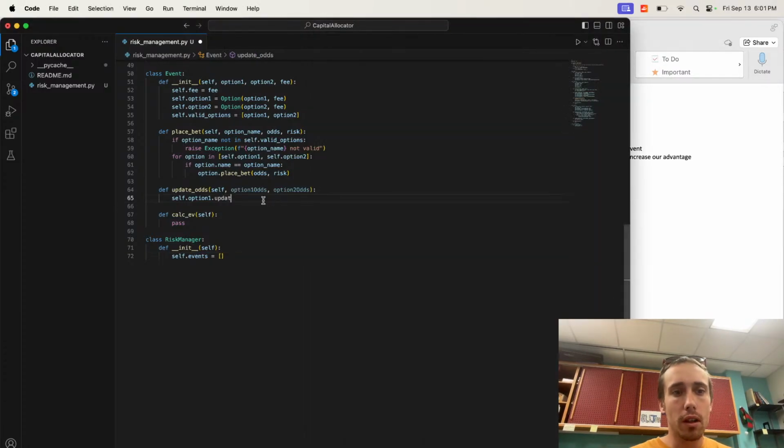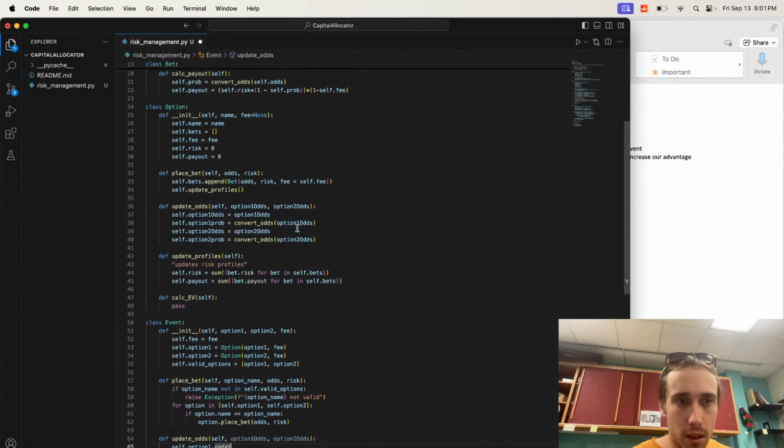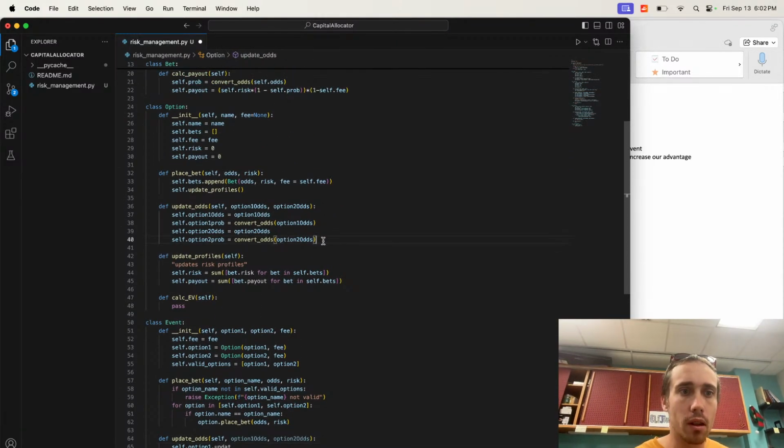So in the event, we want to update the odds. For an option, we don't want to update the odds, we just want to do that.